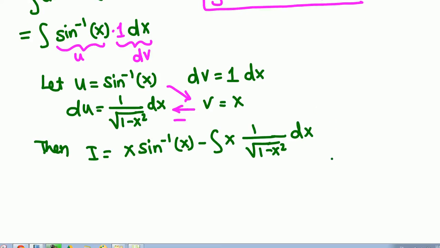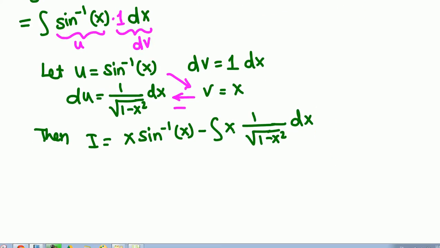Now we have a product of two functions here. We may be able to go for integration by parts again, but we have an easier method. We can go for U-substitution, because I can clearly see, at the bottom, 1 minus x squared.